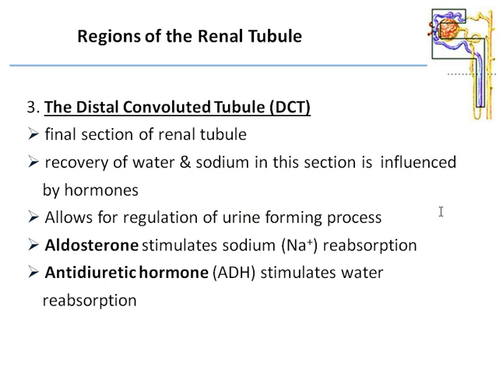There's a hormone called aldosterone, released by the adrenal glands, that will fine-tune the reabsorption of sodium from the filtrate. Antidiuretic hormone, released by the pituitary gland, will control the reabsorption of water from this section. So if you're becoming dehydrated, ADH will trigger the reabsorption of more water from this particular region of the nephron.